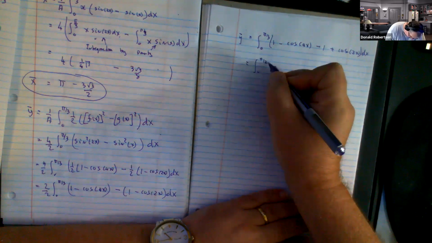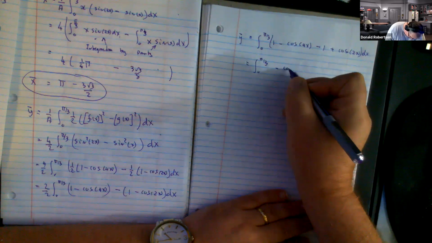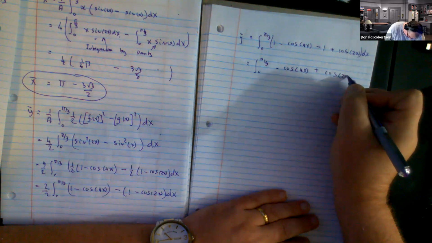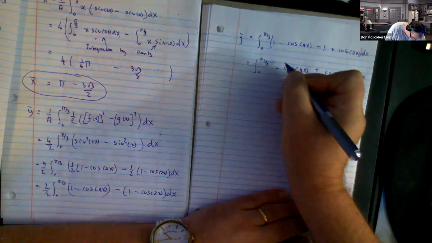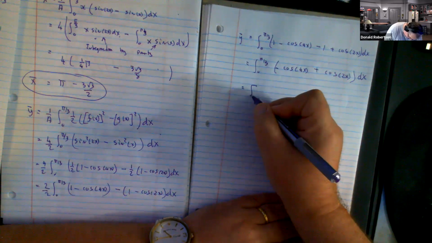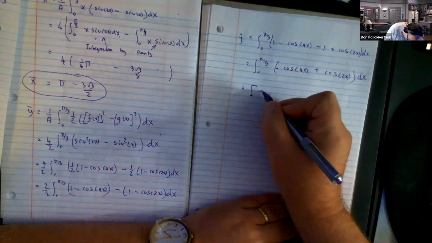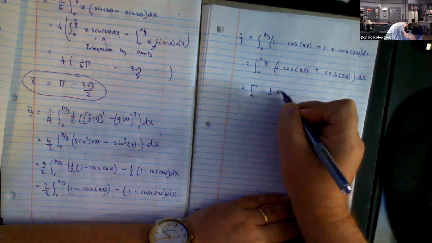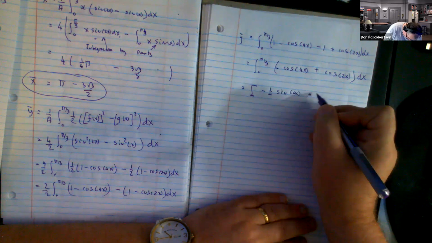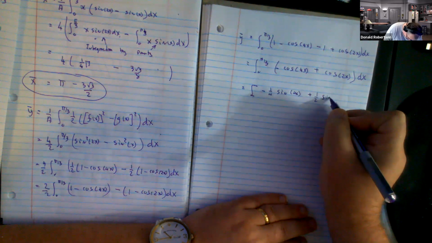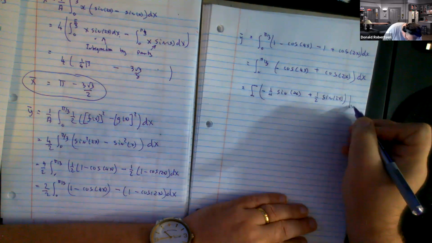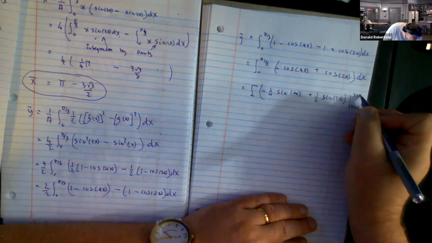We are left with a negative cosine 4x plus a positive cosine of 2x. Integrate a cosine, you get positive sine, so negative 1/4 sine of 4x plus 1/2 sine of 2x, evaluated at 0 and pi over 3.